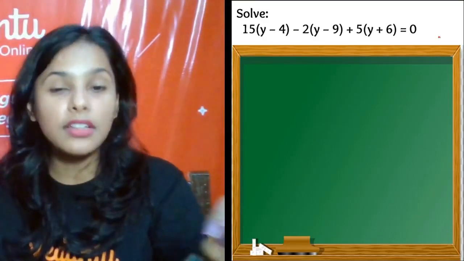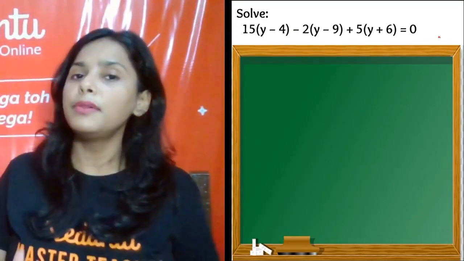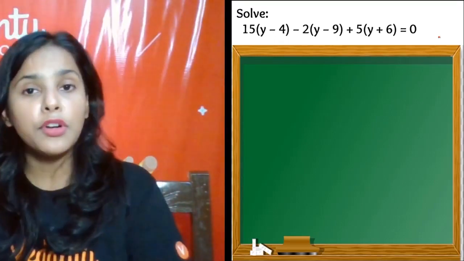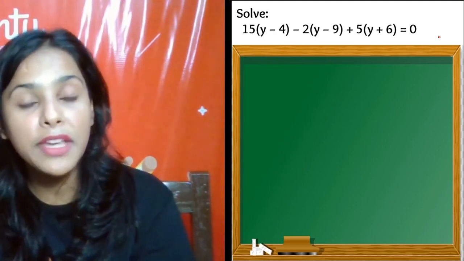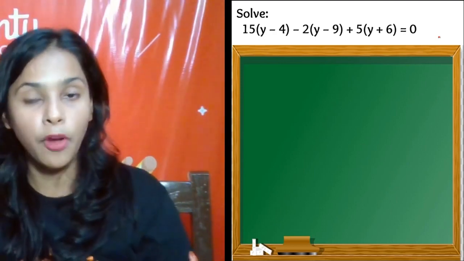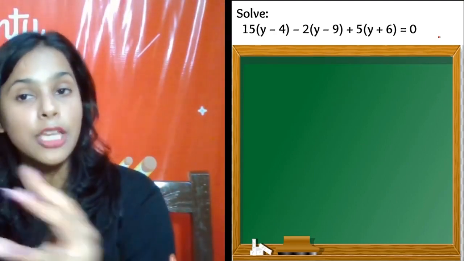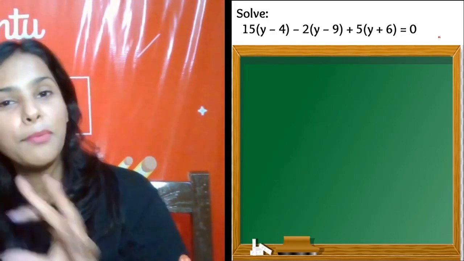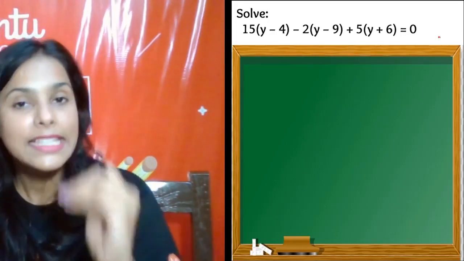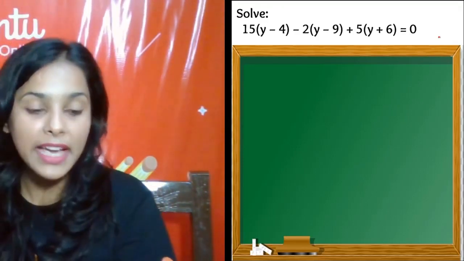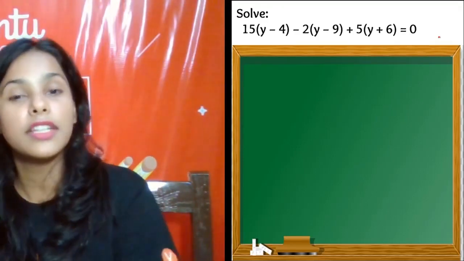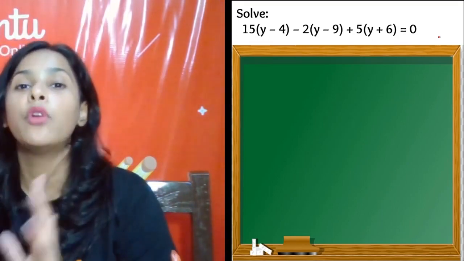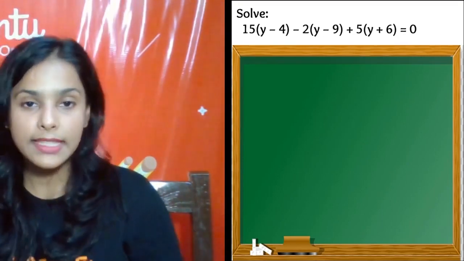To solve an equation, first make it the simplest form by solving the brackets. Second, put the variables on one side and constants on the other. Then you can easily find y. Let's do it step by step.